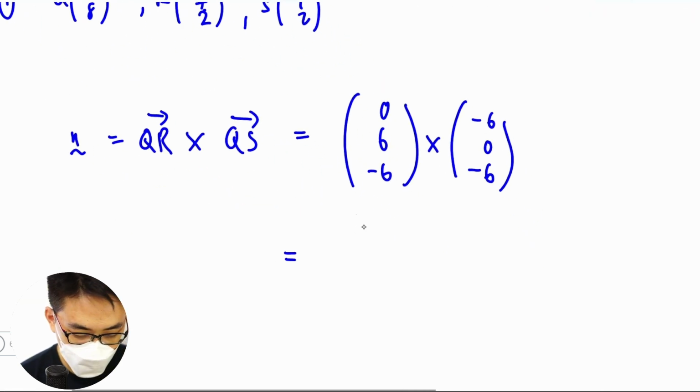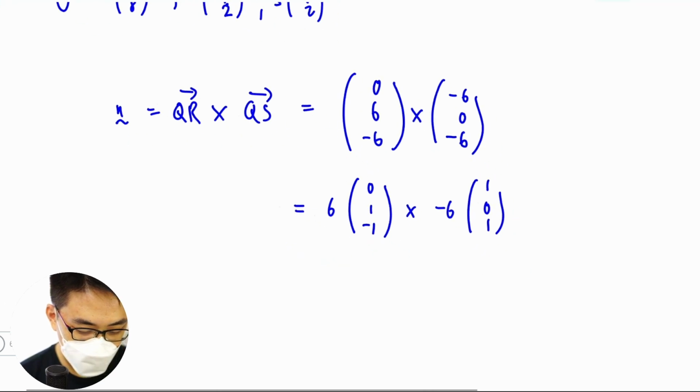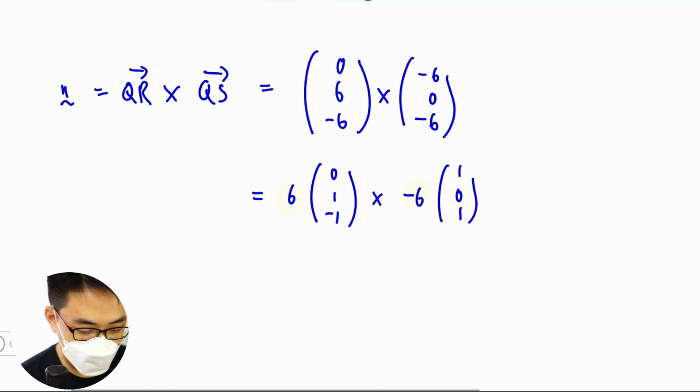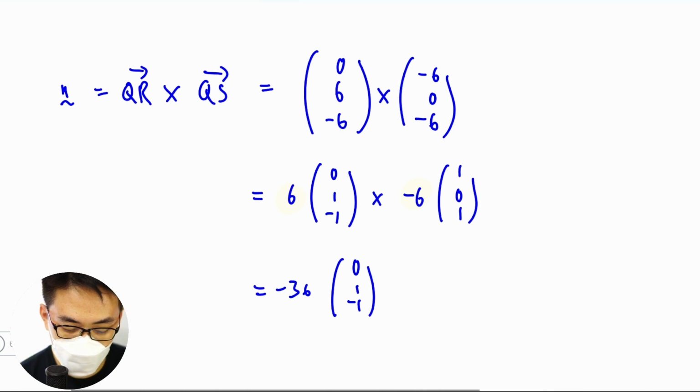You can factorize if you want to, but I will just factorize the 6 out. Actually, this scalar doesn't matter. You can just put the negative 36 outside, and what you want is actually just these two cross together. For a cross product, we just need the direction vector, so you can just ignore the scalar.